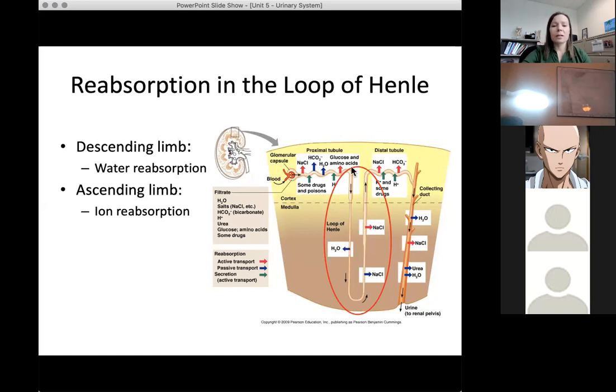And then on the other side, this is where ions get reabsorbed. So coming up the ascending limb, about 30% of sodium, potassium, and chloride ions are absorbed.